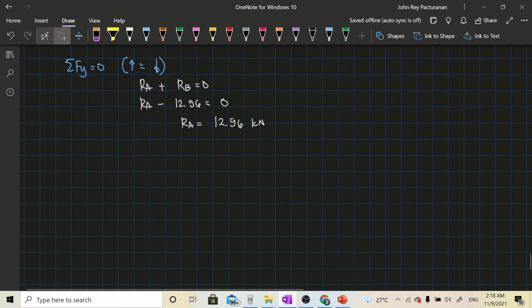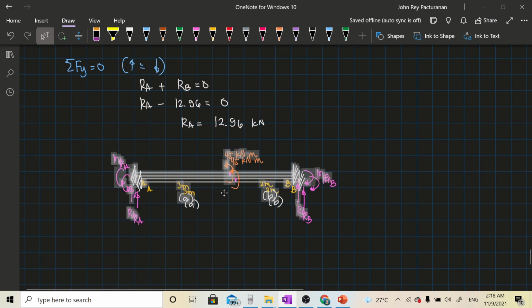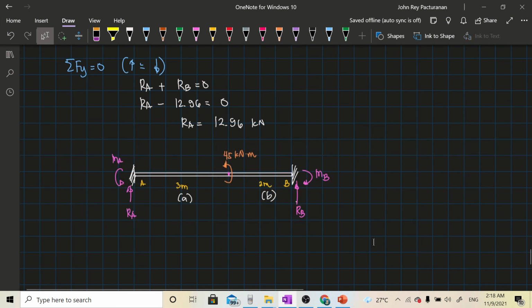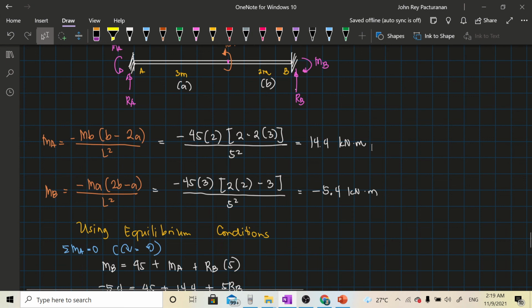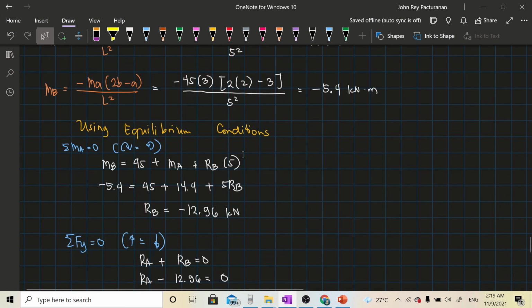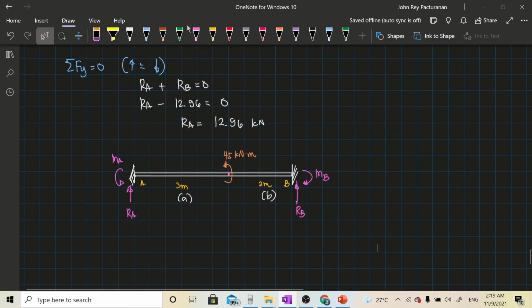So, sa pagkakataong ito, we can label and sketch properly the direction. So, for instance, the moment of A is 14.4 kilonewton meter. So this is correct, no? So the direction is correct, 14.4 kilonewton meter. However, for the case of B, that is now counterclockwise, right?